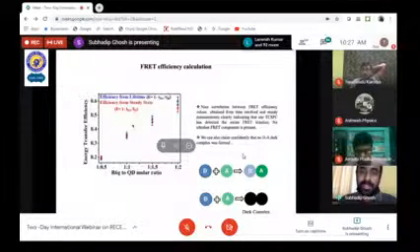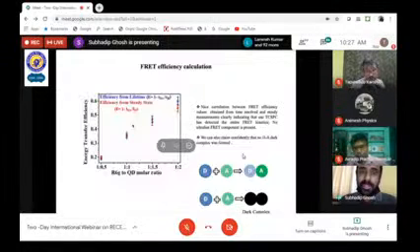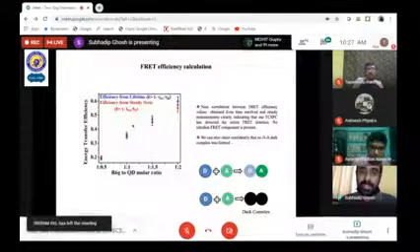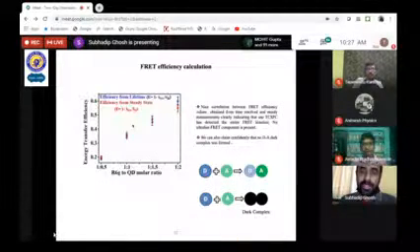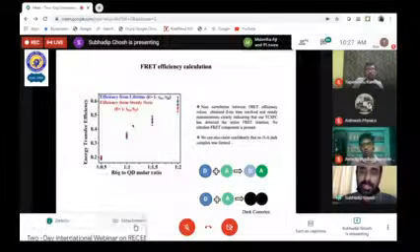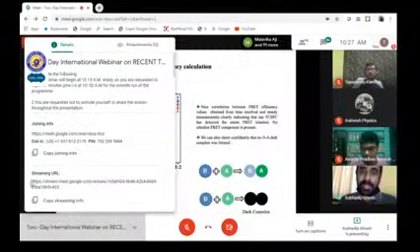For temperature dependence also, if we increase the temperature, we found that the emission peak position of the quantum dot, that is the donor, is shifted to the red side. This is at different temperature.